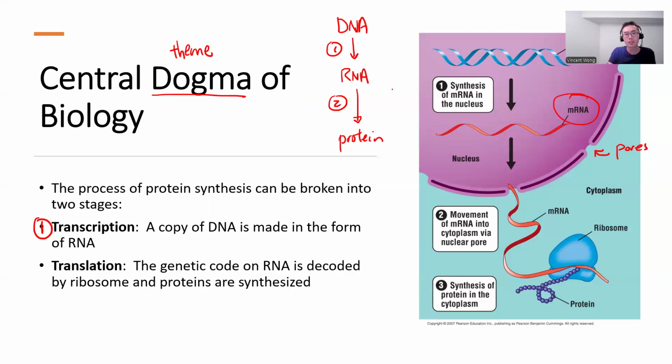So you're going from nucleotide to amino acid, which means it's a different language. That's why it's called translation. And that's how information flows in a cell. It starts in the DNA, you make a copy in RNA, and then you use it to make protein. This happens in the nucleus, and this happens in the cytoplasm.